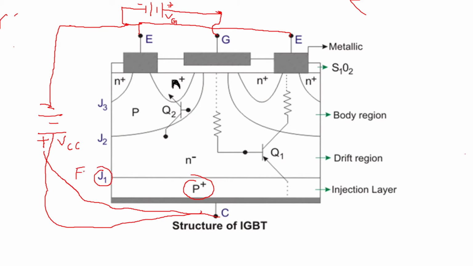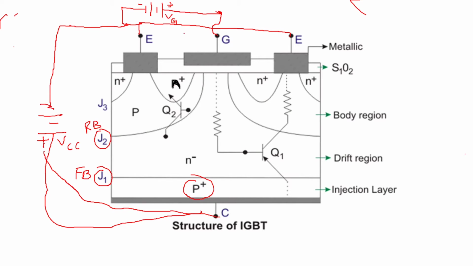Similarly, with the same polarities, the bottom N is connected to positive and the top P is connected to negative, so junction J2 will be reverse biased. Because junction J2 is reverse biased, there will be no current flowing from collector to emitter.